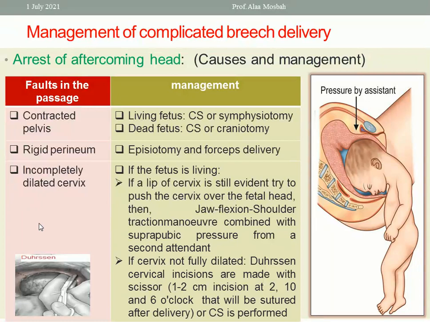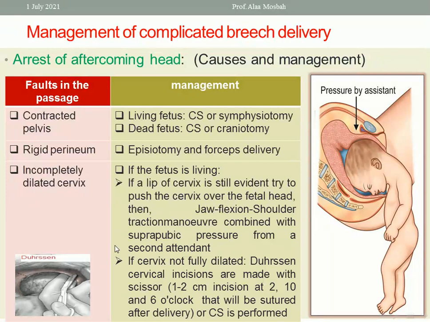But if it's still not fully dilated, you may do Dührssen incision at 10 and 2 o'clock. Look to the picture, please. With scissors, 1 to 2 centimeter. This is at 2 o'clock and this is at 10 o'clock. 1 to 2 centimeter incision. And another incision may be at 6 o'clock. And deliver the head. Then after delivery, we will suture this incision.